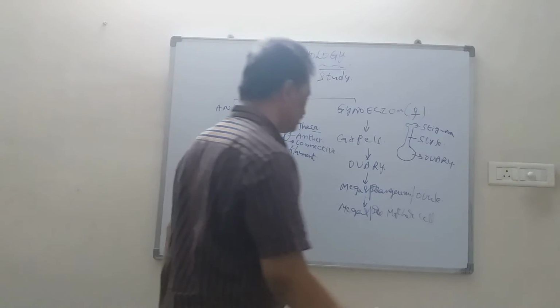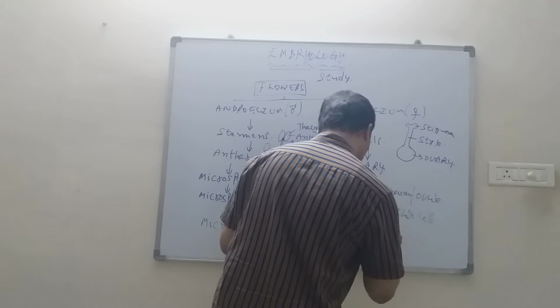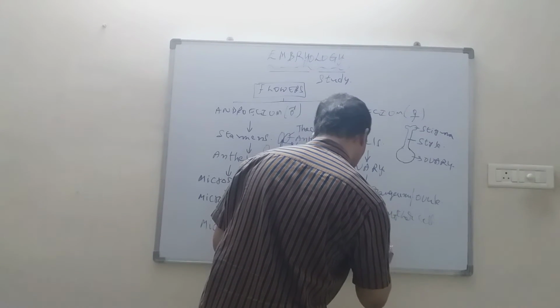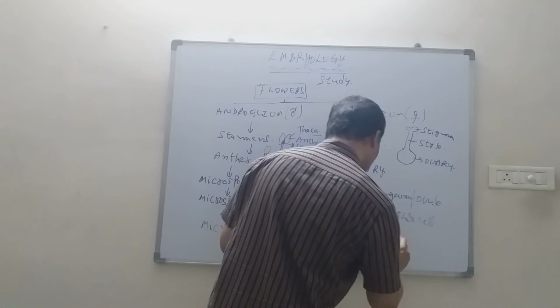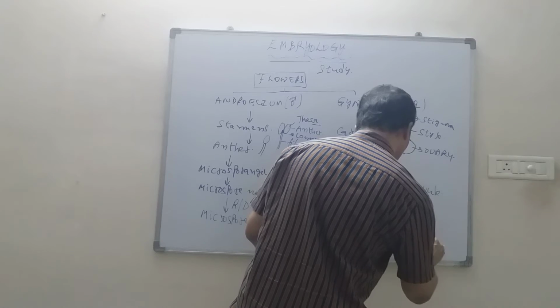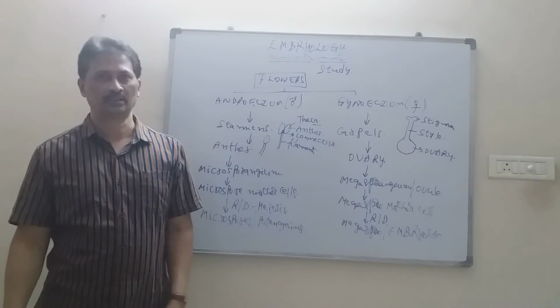In the same way, the megaspore mother cell, after reduction division, produces the megaspore, and this megaspore is also called the embryo sac.